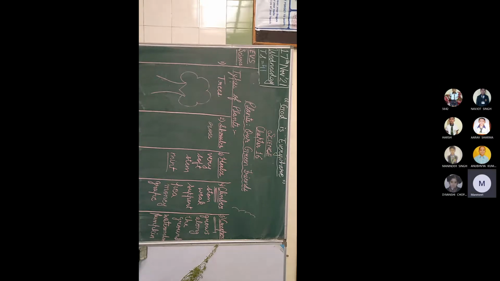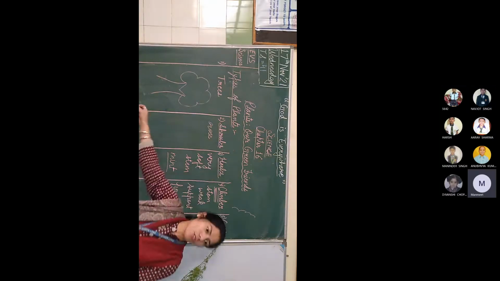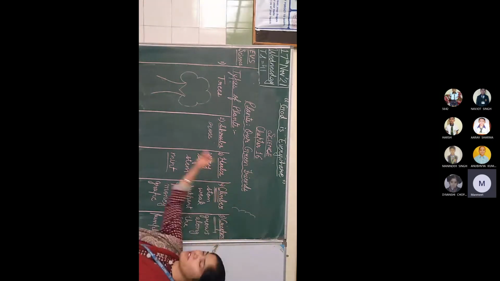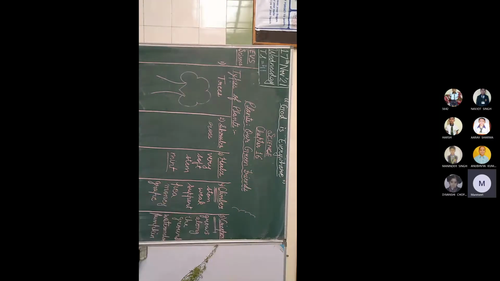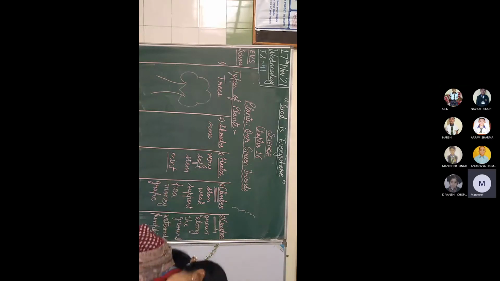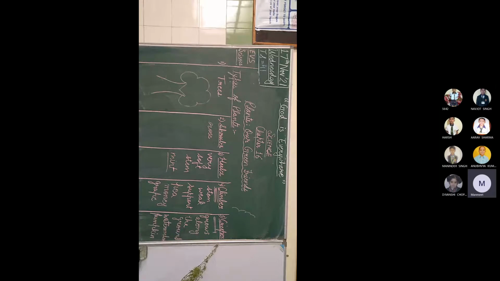Now it is clear to all of you, the types of plants we are having. We have shrubs, herbs, climbers, and creepers. I've shown you the example of trees. Trees you can see outside your home also, outside your class also. So many big trees are there: neem tree, apple tree, mango tree, banyan tree.